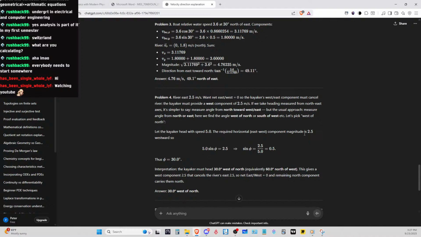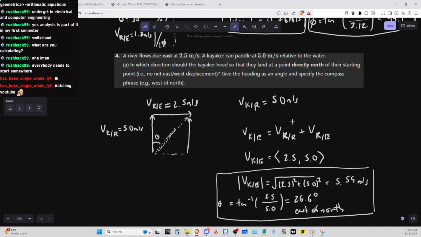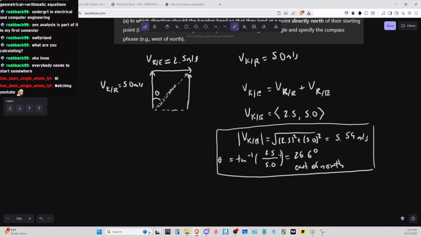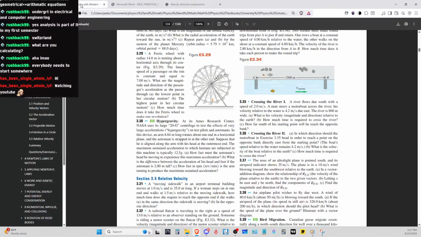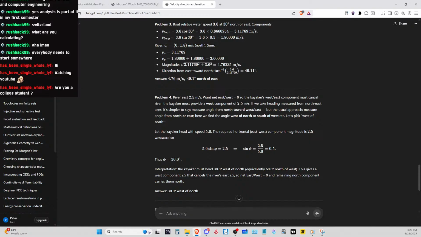Oh, they made it much simpler. Oh, okay. I made it more complicated because I was trying to remember the techniques I was learning. I mean, it was relatively close though, but actually, let me see here. Must head 13 west of north. Oh yeah, because it's going in that direction.